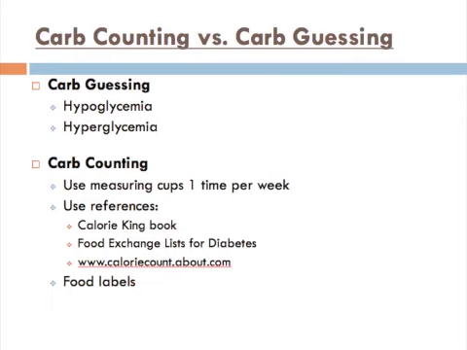I think it's because they become pretty confident that they understand how much carbohydrate is in the food that they're eating, and they stop looking. They stop relying on their food label information or their Calorie King book to count their carbs. And over time, they get less and less accurate with their carb counting.